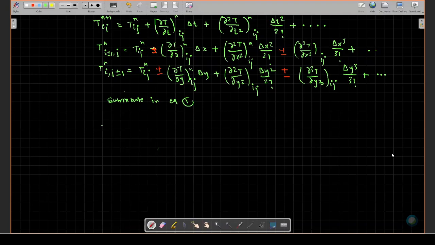So you may get like this: Tij^n plus del T/del t times delta t plus del²T/del t² times delta t² over 2 factorial plus order of delta t cube.